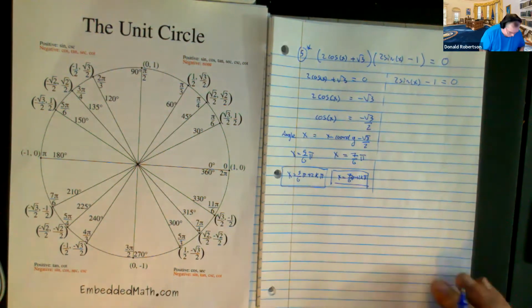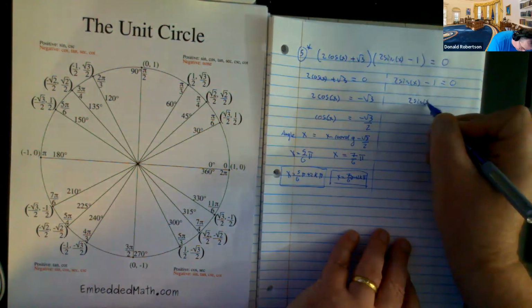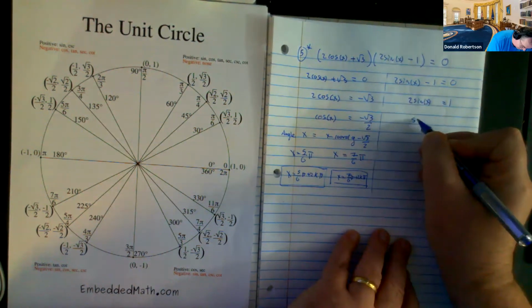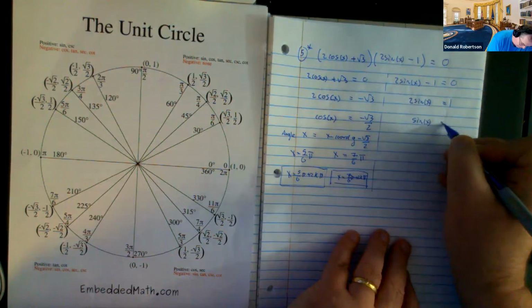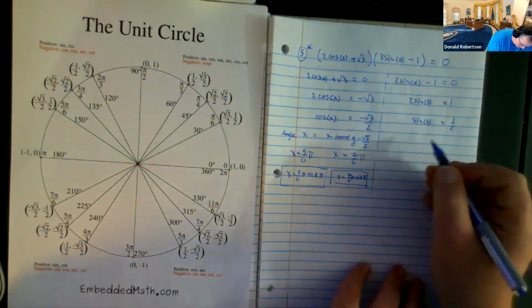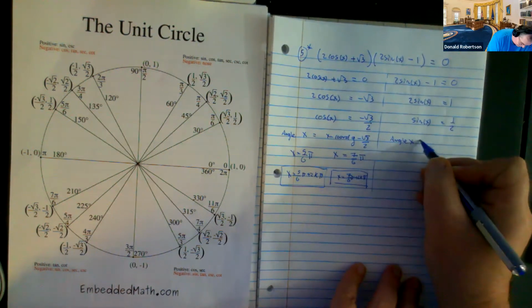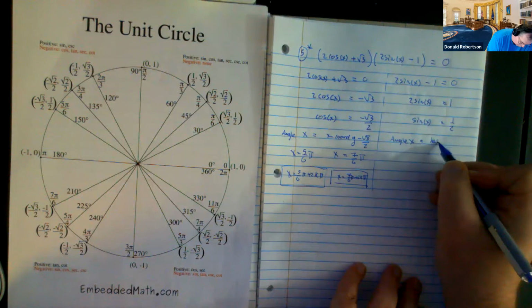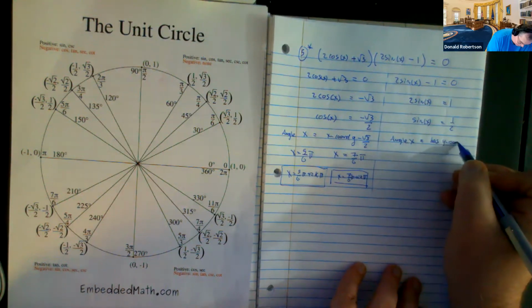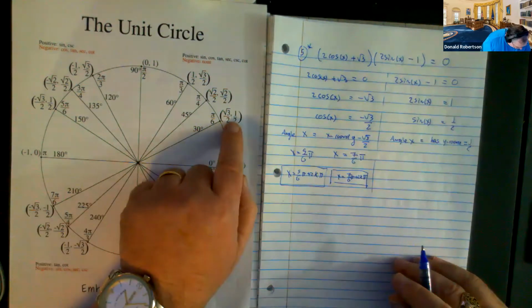Next fella, this one. Well, if you add 1 to both sides, and then you divide both sides by 2, you're trying to find an angle whose sine is 1/2. That means that angle x has a y coordinate of 1/2. So I'm looking for places that have a y coordinate of 1/2.